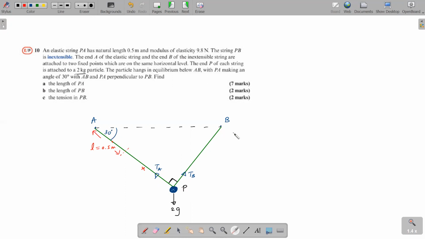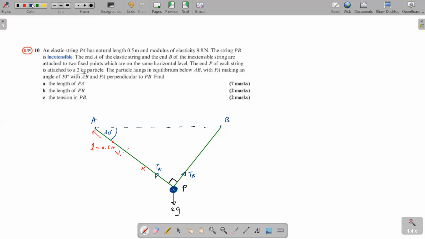Can we find tension B in the process of finding tension A? No. You cannot use part B or C answers to do part A. That will be completely wrong. So you need to find a way to find tension A without involving tension B.